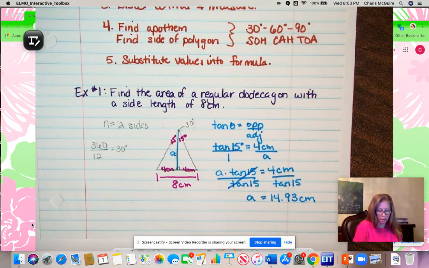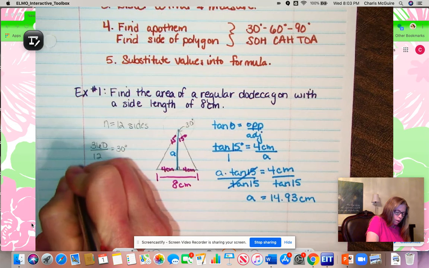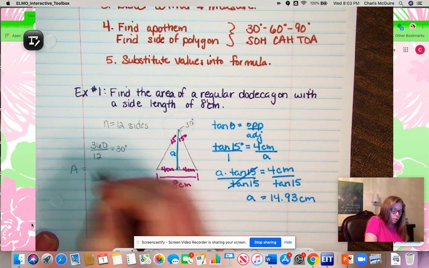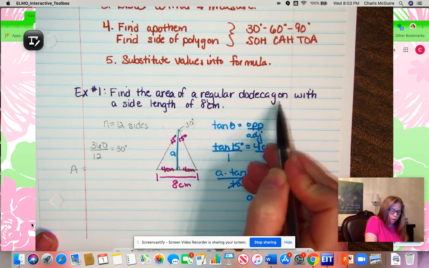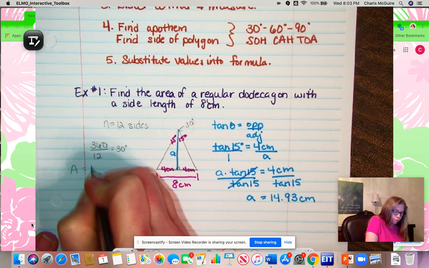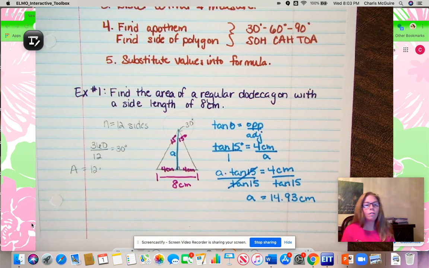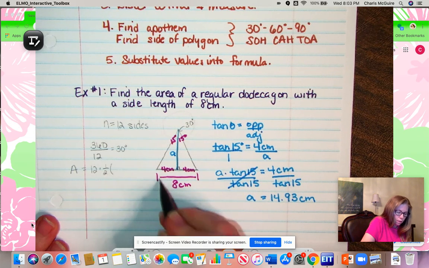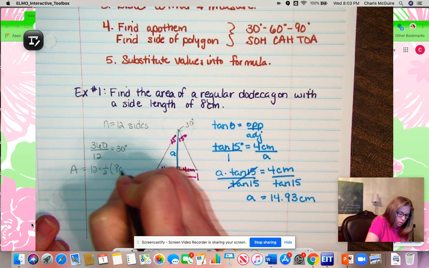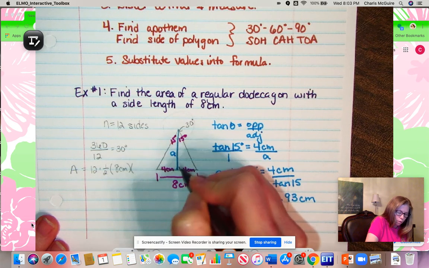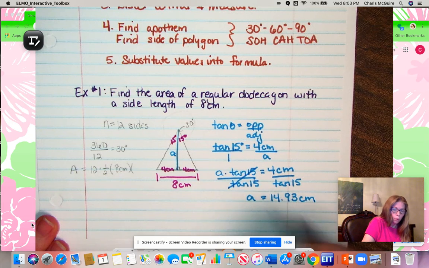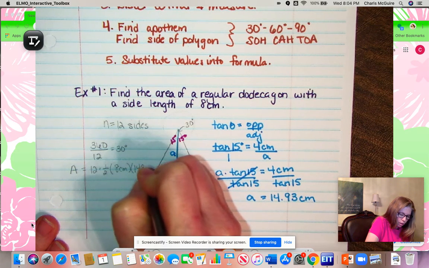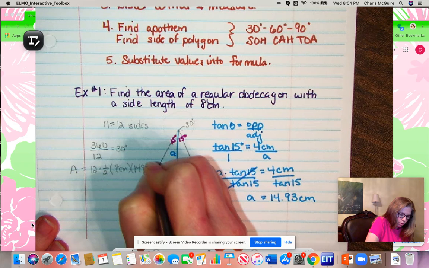And now we have everything we need to use either formula. So for the first formula, my favorite is just doing, for the total area, I like doing the number of sides. So dodecagon, so the number of sides is 12 times the area of our triangle. Well, that's 1/2 the base, which is the 8 centimeters, times the height, which we just found is 14.93 centimeters.